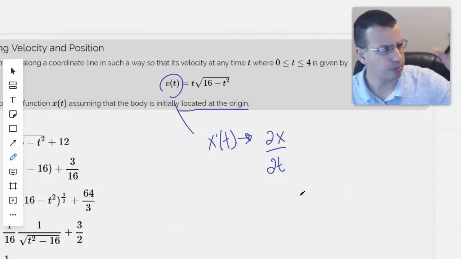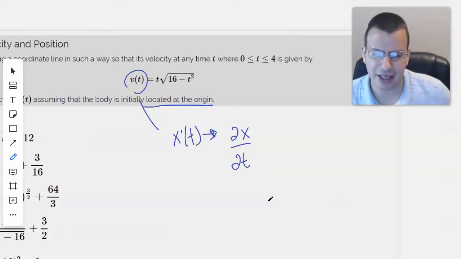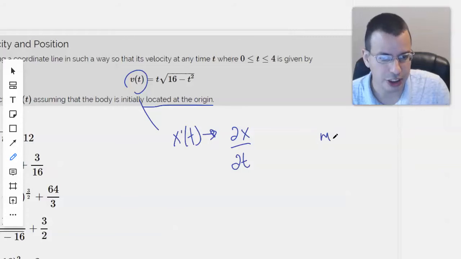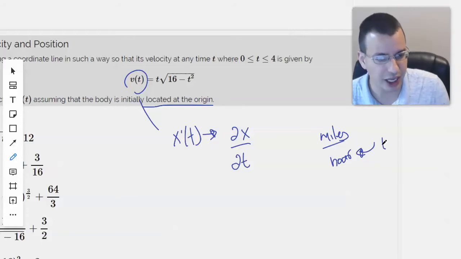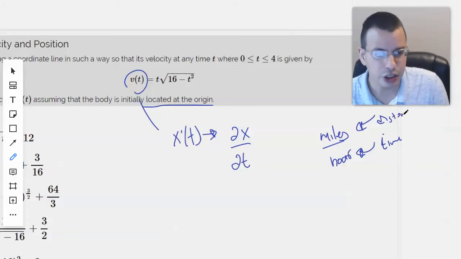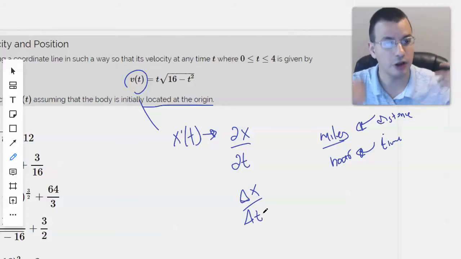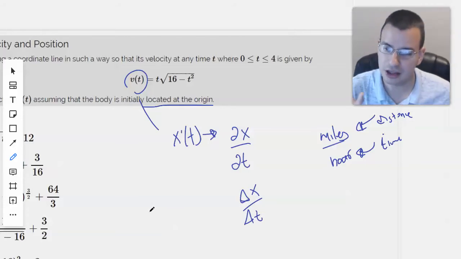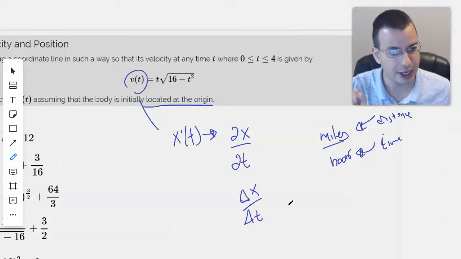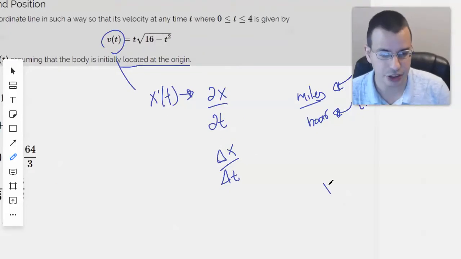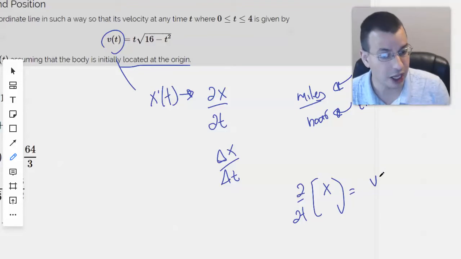One way I remember this is that my car goes in miles per hour, where hour is a time and miles is a distance. So it makes sense that velocity is a change in position with a change in time. Velocity is the first derivative with respect to time of position. So if you have position, take a derivative with respect to time, you get velocity.